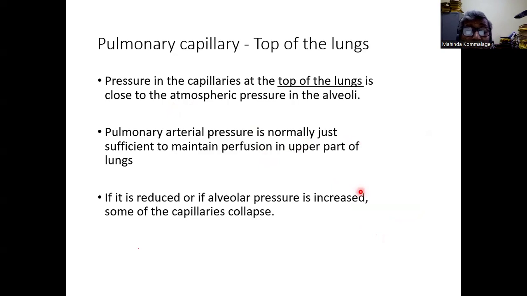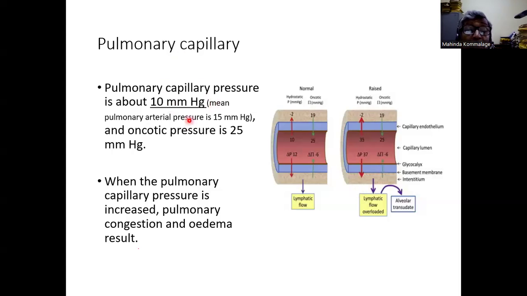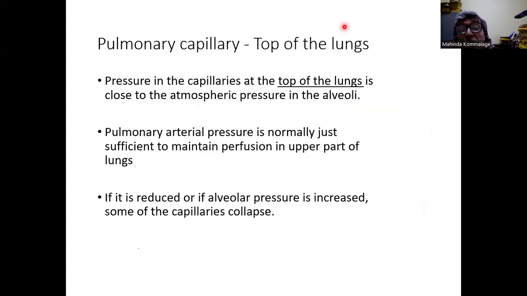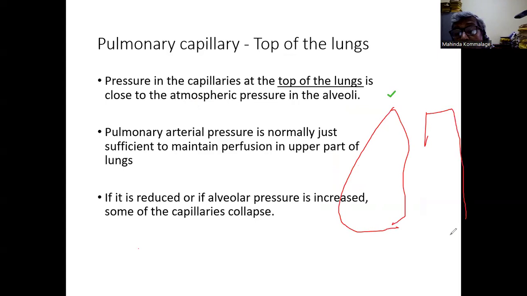Then if we look at the whole lung, this hydrostatic pressure or pulmonary capillary pressure is not the same throughout the lung, because as we know, the lungs are like this, let's say two lungs like this, and the heart is somewhere in the middle, right?